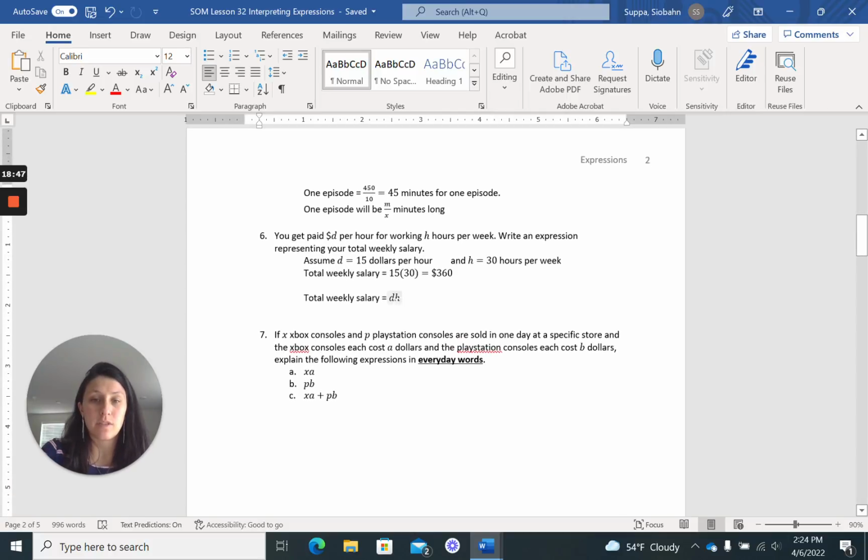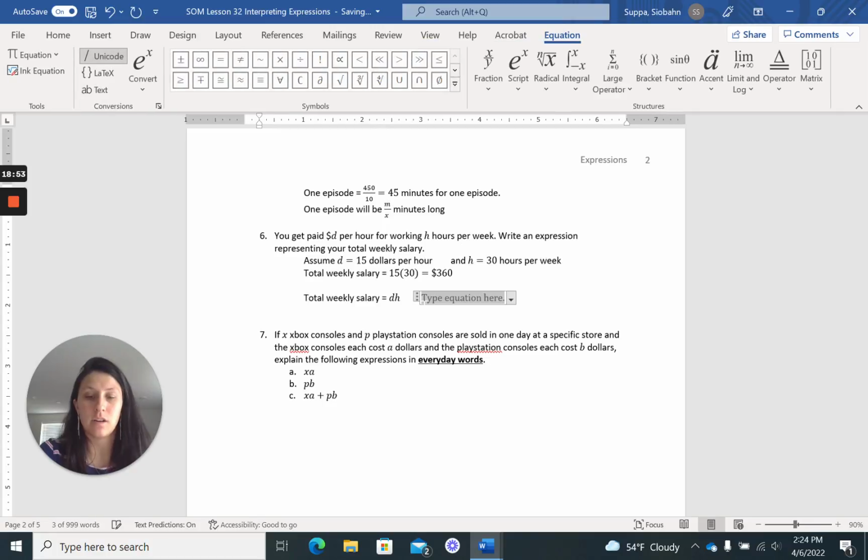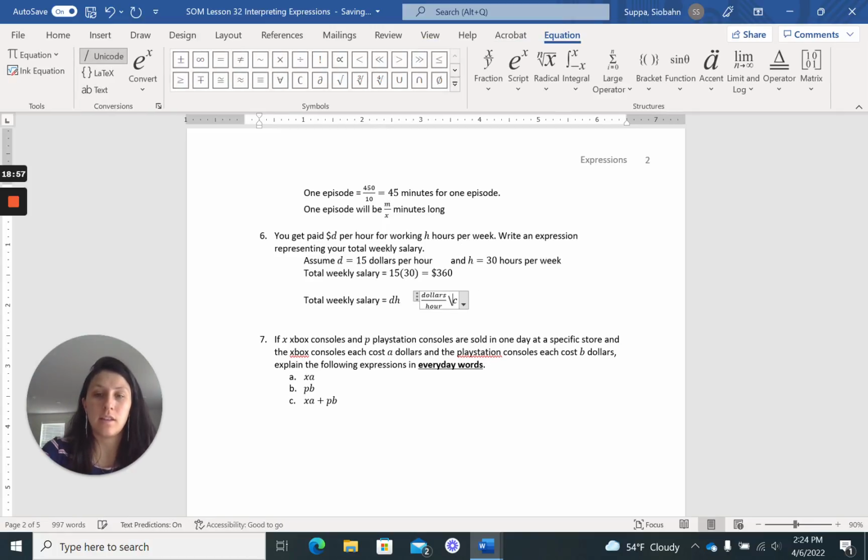Okay, you could also do this unit analysis here. So we could check. So D is measured in dollars per, that means over, hours. And then you're multiplying that times H, which is hours per week, 30 hours per week. So look, your hours will end up canceling out.